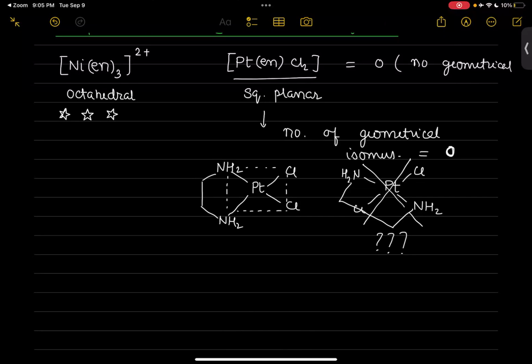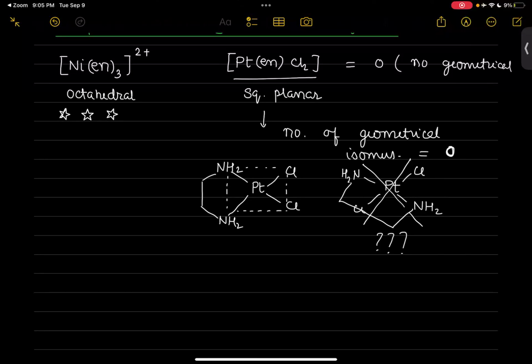So how many geometrical isomers will be there for this? So no geometrical isomers because the three ligands are identical. Yeah, exactly.